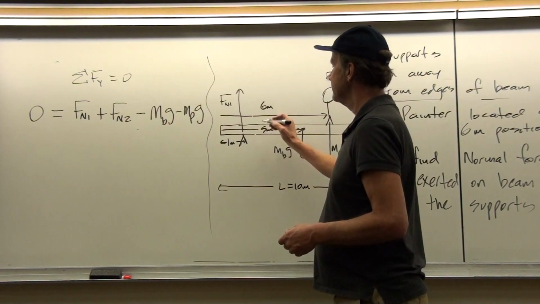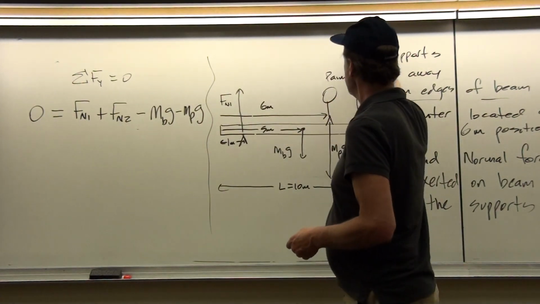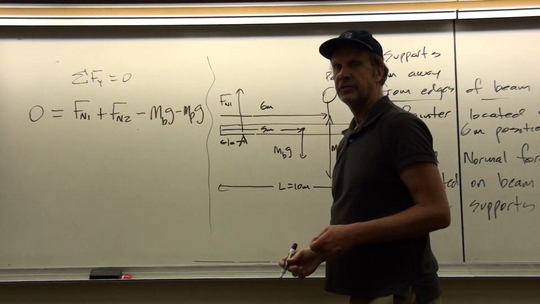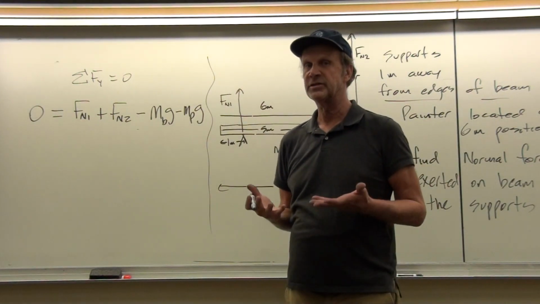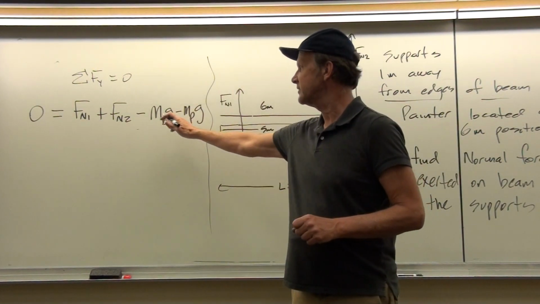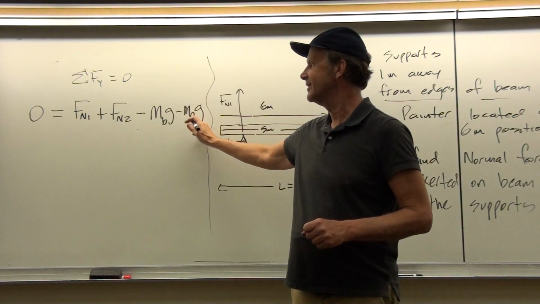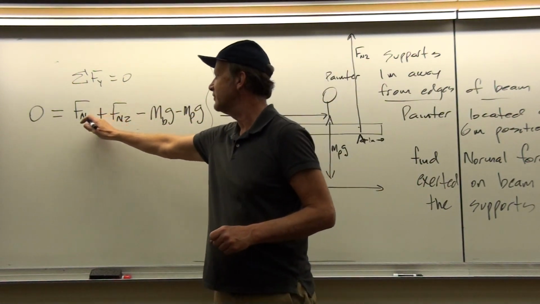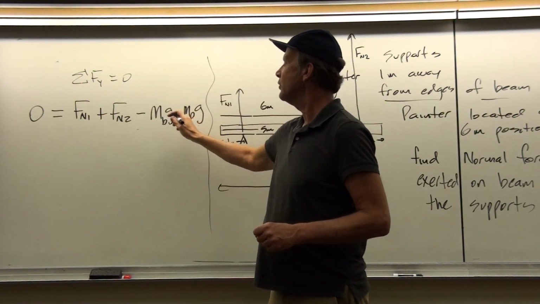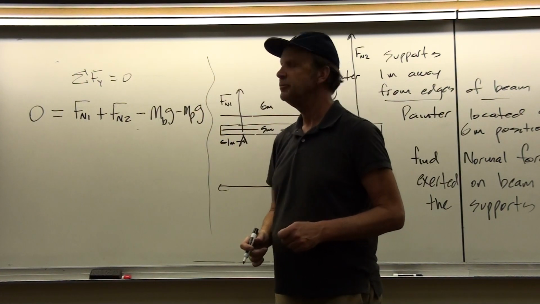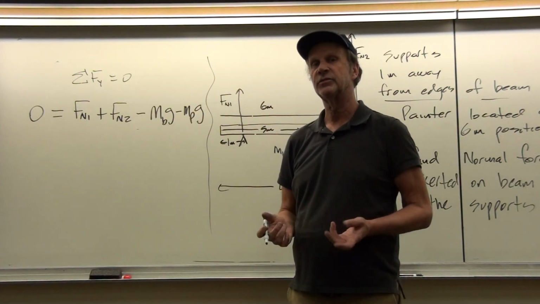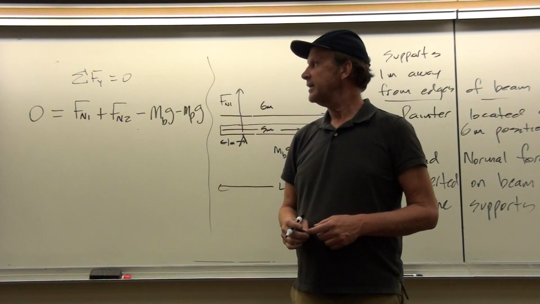And that should make sense, that the amount of force pushing up on the beam would equal the amount of force pushing down on the beam if the beam is not moving. And so that's exactly what you get if you solve this equation. It's just F normal 1 plus F normal 2 equals the total weight of the beam plus the painter on the beam times g. So that's the easy part.